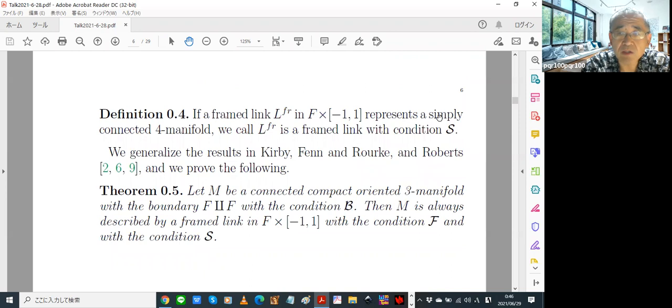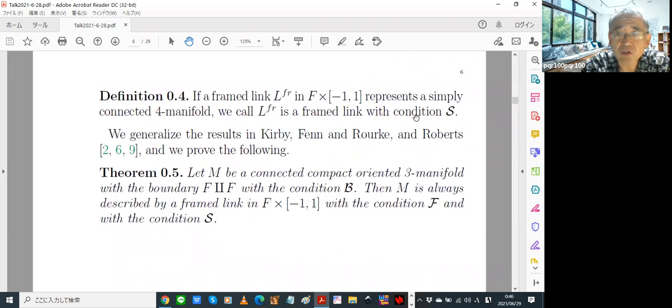In general, it's not simply connected, but if the framed link L represents a simply connected four-manifold, then we call L a framed link with condition S, for simply connected.